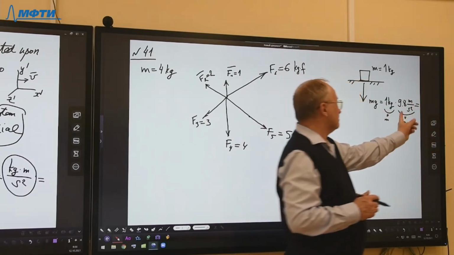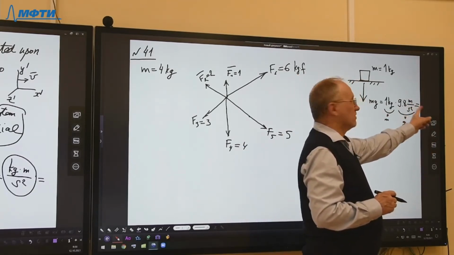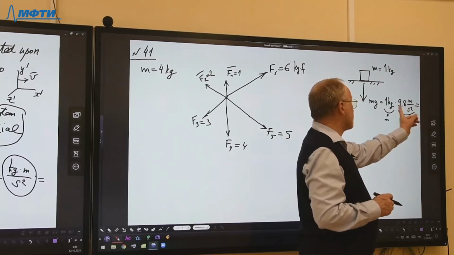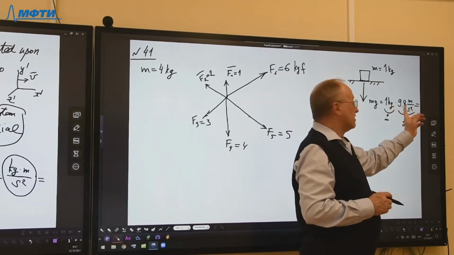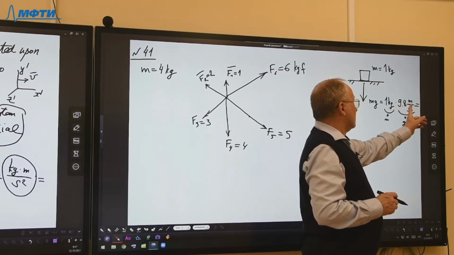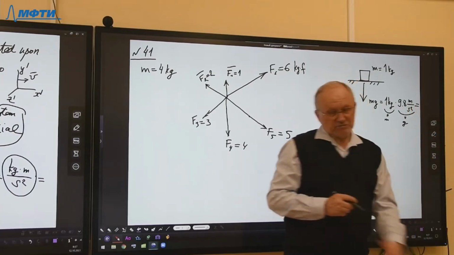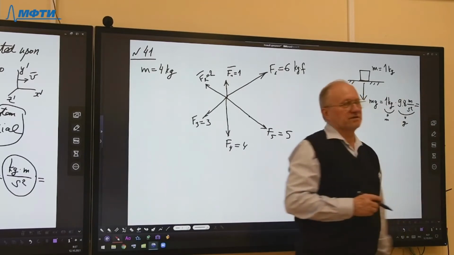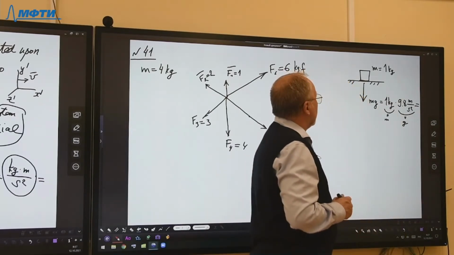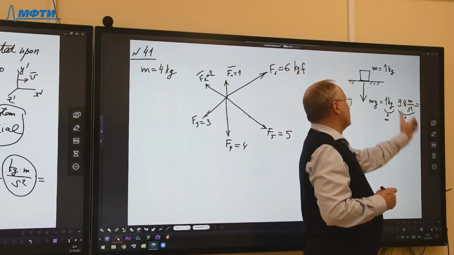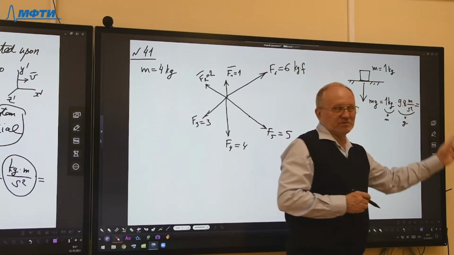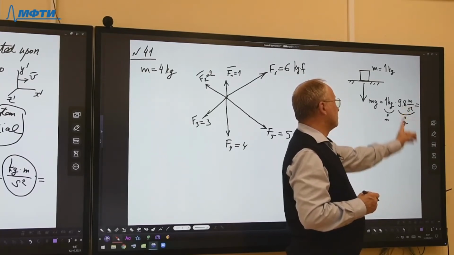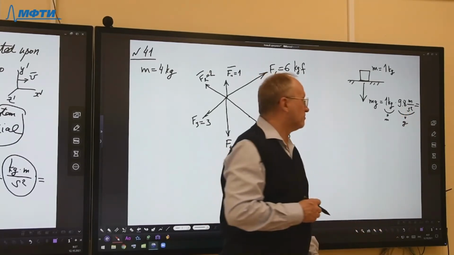Somewhere the acceleration may be 9.81, in another place on the surface of the planet it may be 9.82, in other places 9.815. But approximately it's 9.8. And in most cases it can be calculated as 10 meters per second squared.